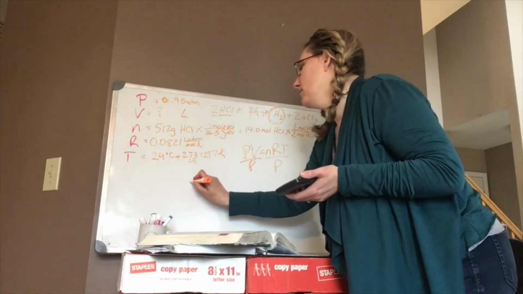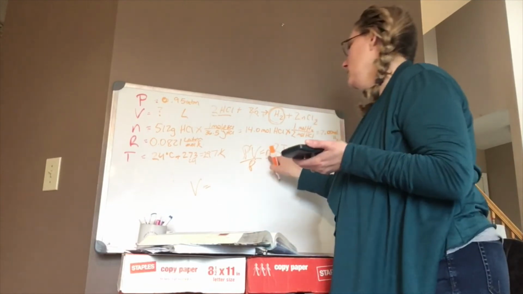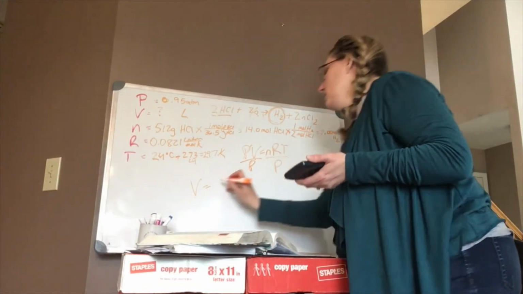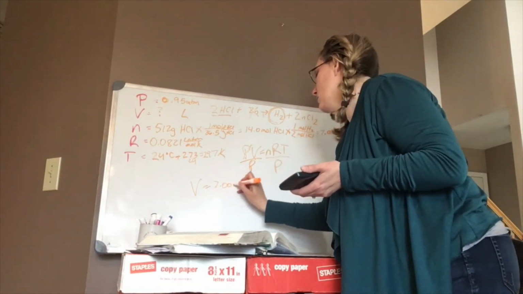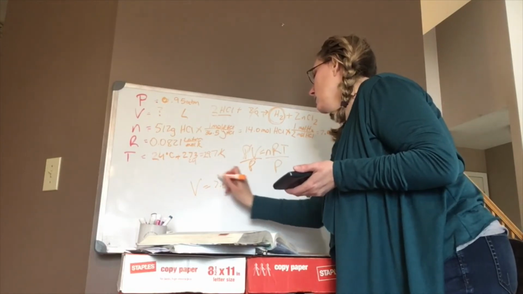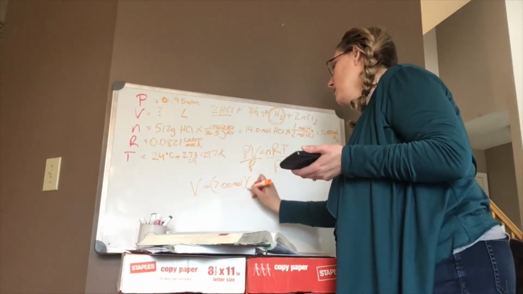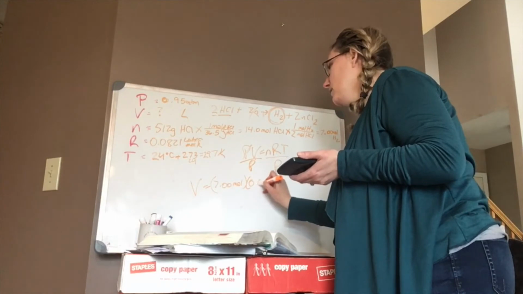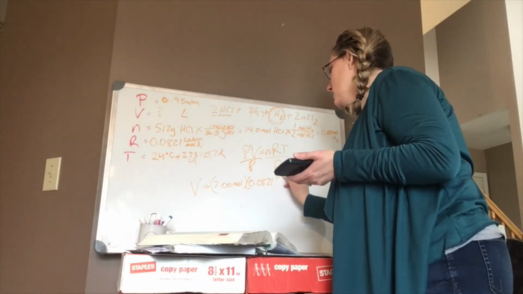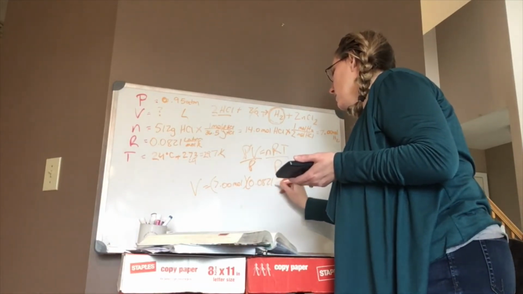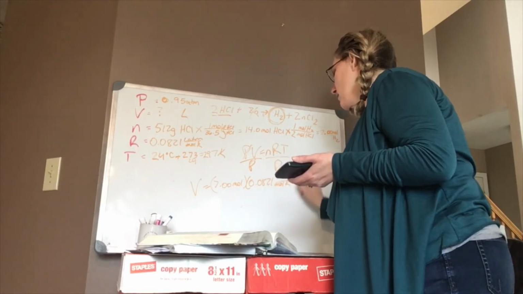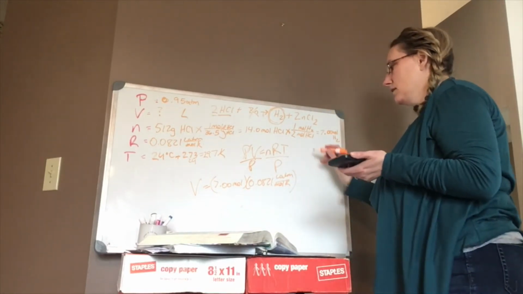So I should have volume equals my number of moles, 7.00 moles, times my gas constant, 0.0821 liters atmosphere per mole Kelvin. Again, I write it out so I can see that my units cancel.